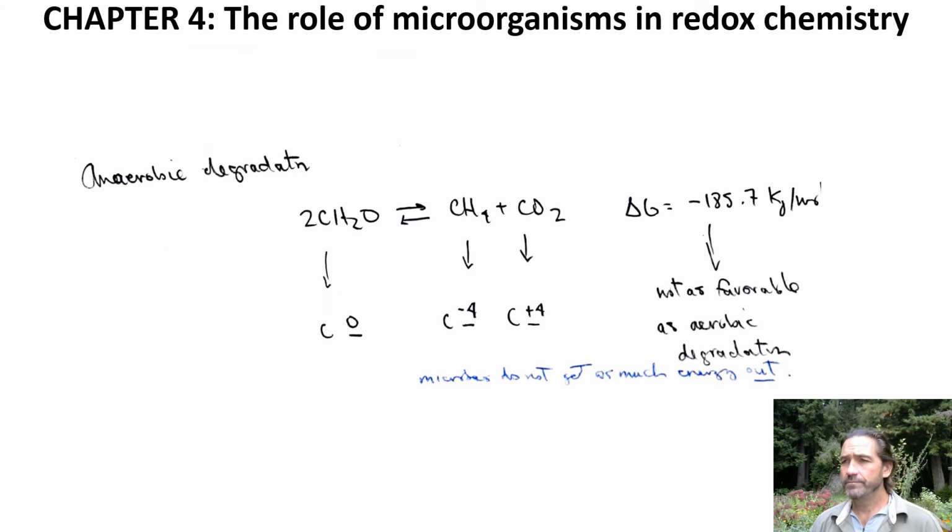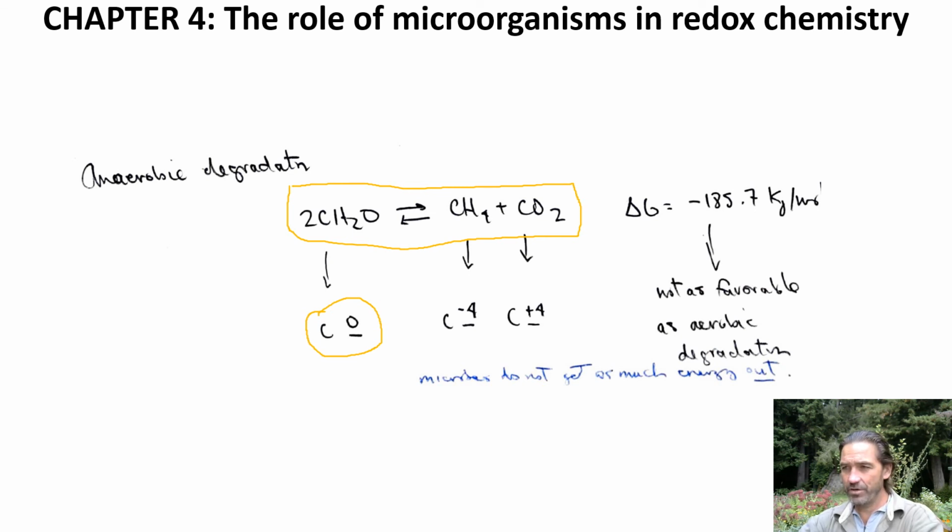So last one, let's look at anaerobic degradation. So this occurs when there's no oxygen around. And what we have here is organic matter reacting with itself. So in actuality, it oxidizes and reduces itself at the same time.